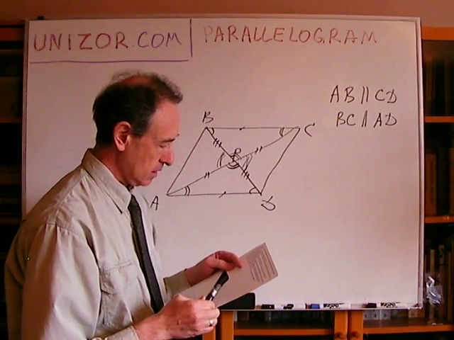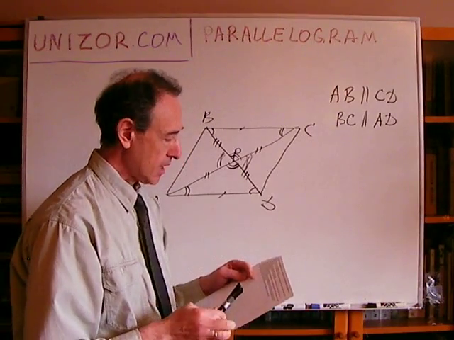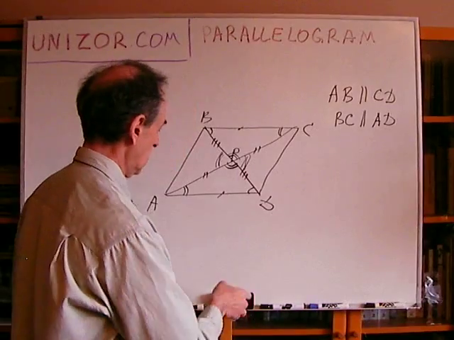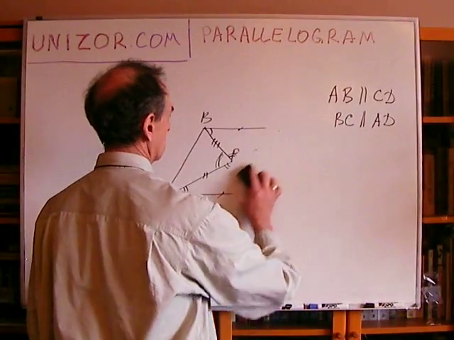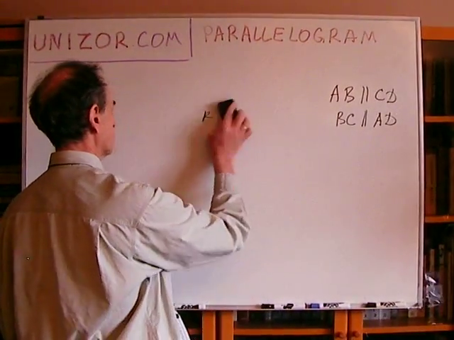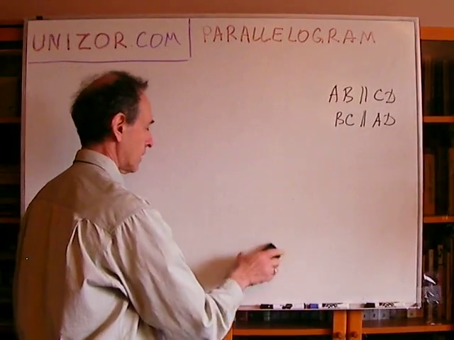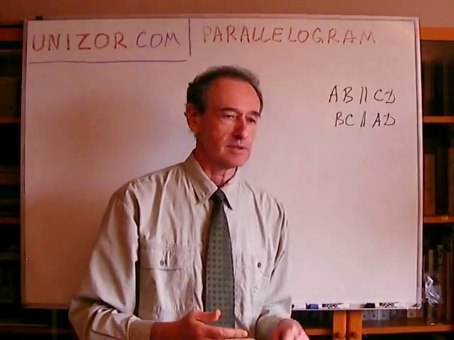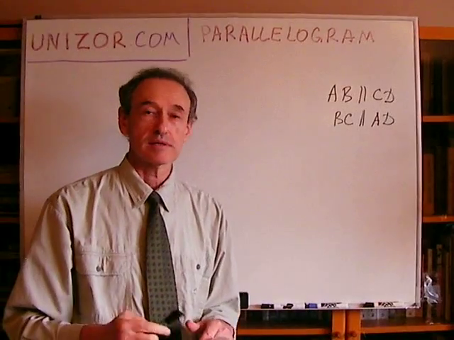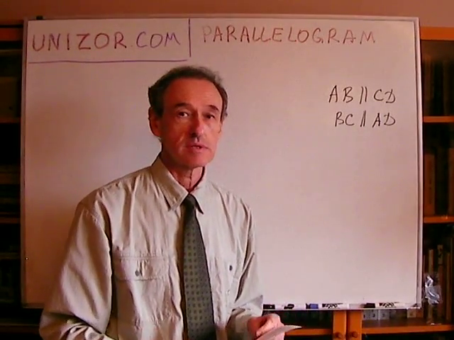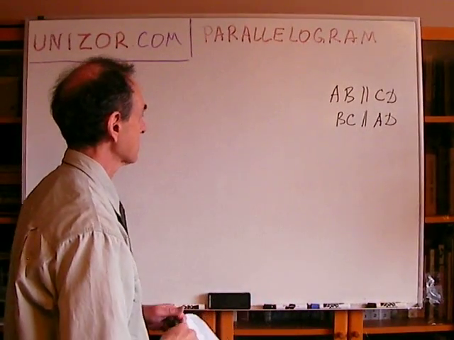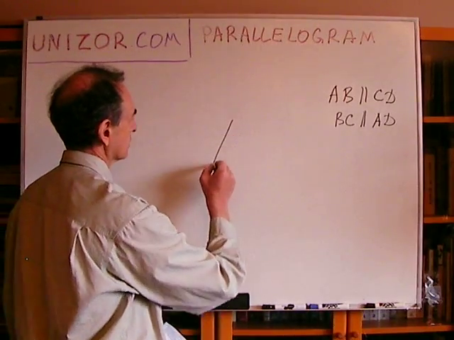Okay, and the last but not least, I would say unusual theorem. At least, I don't know, quite frankly, when I first saw it, I was surprised. Although it is quite obvious as far as the proof is concerned, but let's just consider it this way.